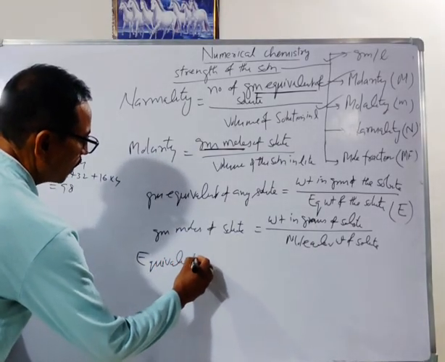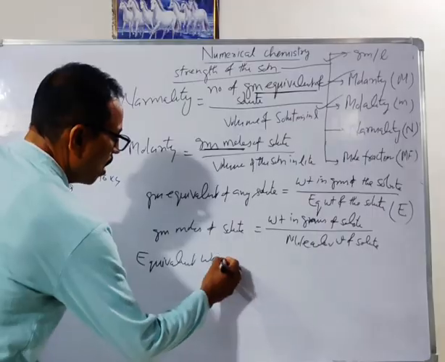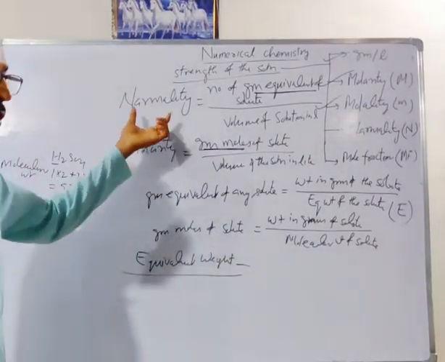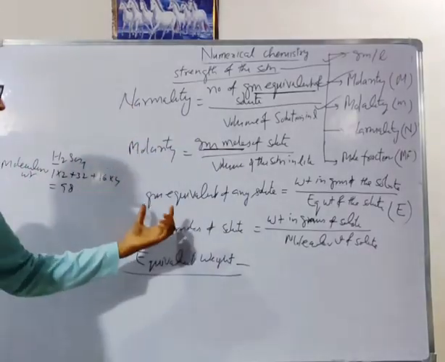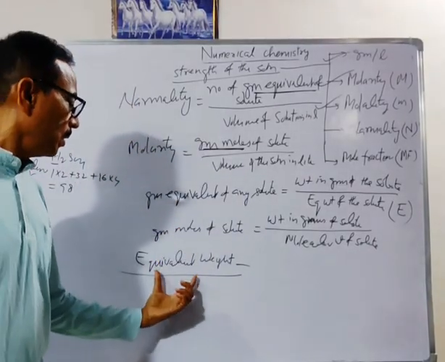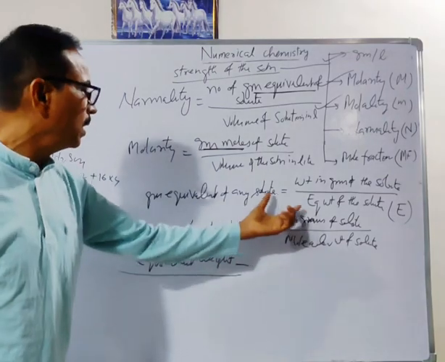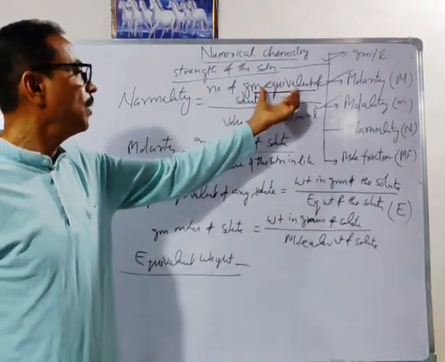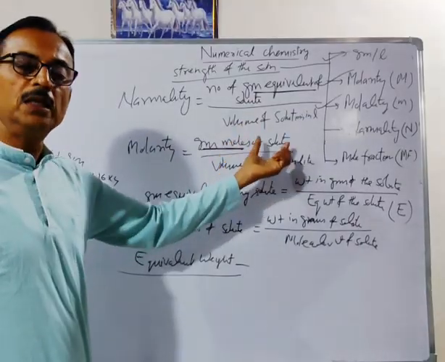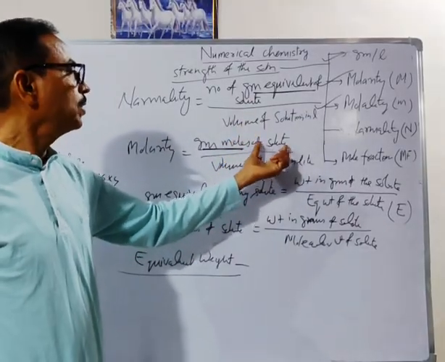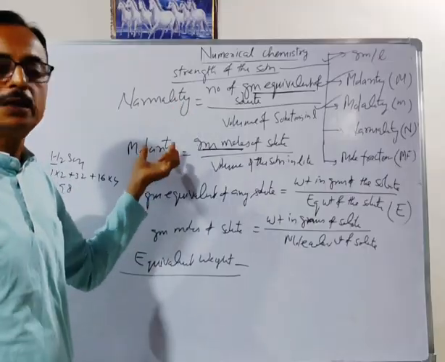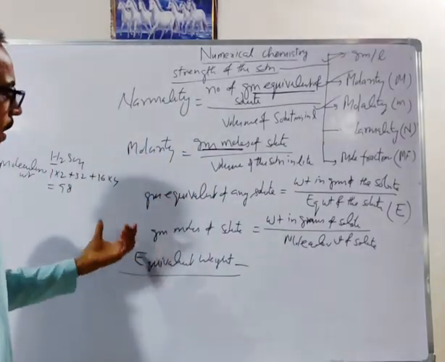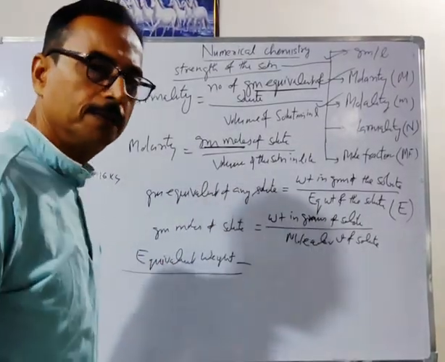Equivalent weight, how it is defined and how it is calculated: before going to normality, you should understand equivalent weight. After that, you will calculate gram equivalent and then put the value of gram equivalent in place of gram moles. So you will get the normality just like molarity. So we first understand the equivalent weight.